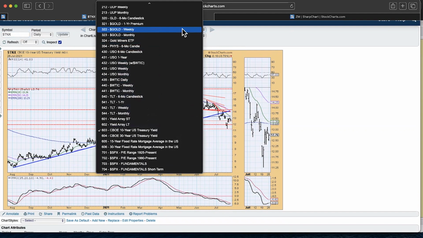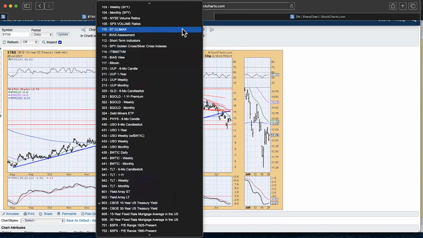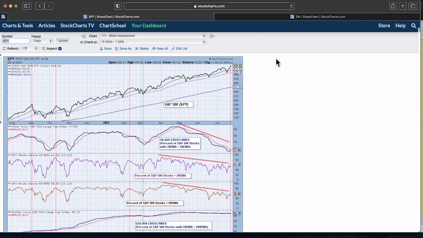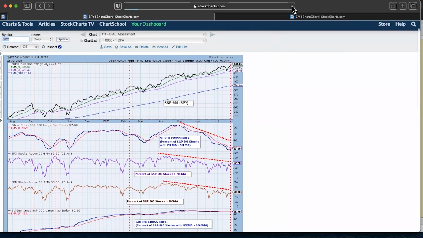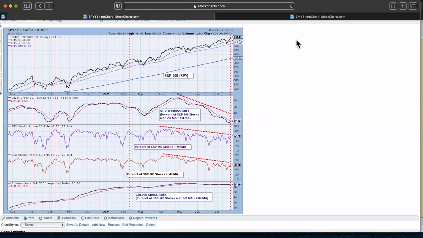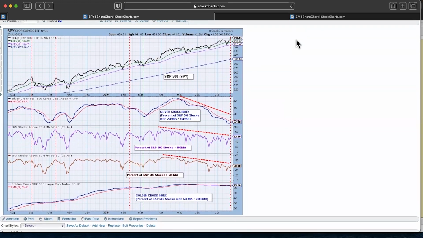All right, let's go and talk about bias assessment. And hopefully some of these numbers will have updated. Let me give it one more shot here. All right, we don't have them completely updated, but I think you're going to get the gist of what I'm talking about here. And then we'll get into my diamond of the week and the this or that.